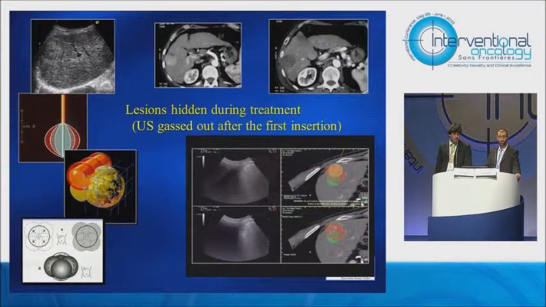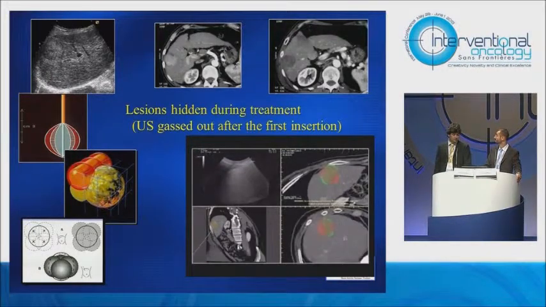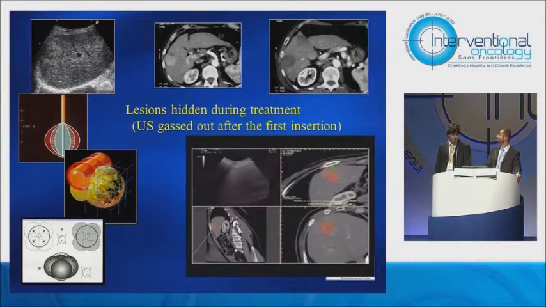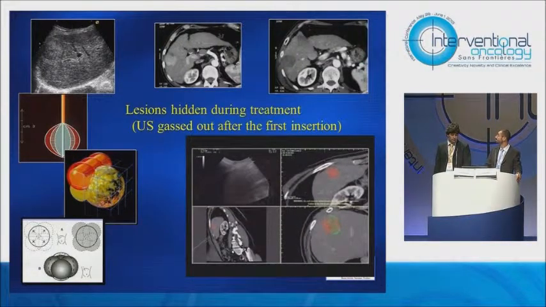So you can trust virtual navigation and perform the ablation in several subsequent insertions, and understand, thanks to the navigator, which parts of the tumor are not completely treated, and perform another ablation.